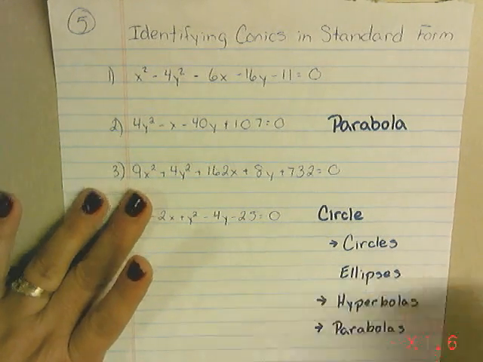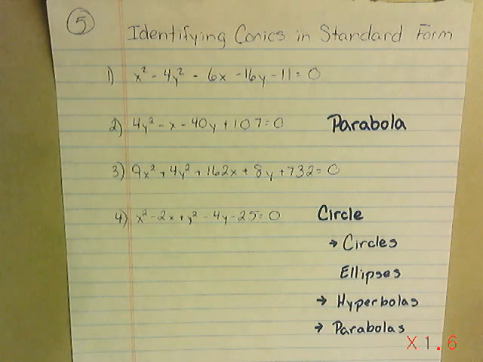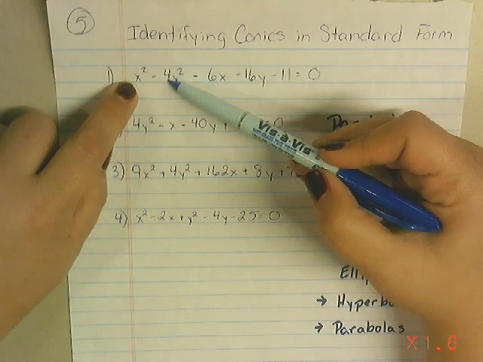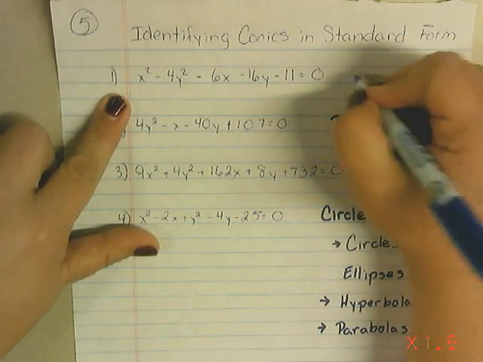Let's do hyperbolas next. What does the equation of a hyperbola look like? It has a minus sign in it. So that's how we know the hyperbola when we see it. The x squared and the y squared, one of them has to be negative. So we go down and look. X squared's positive, y squared's negative. Aha, that's the hyperbola.